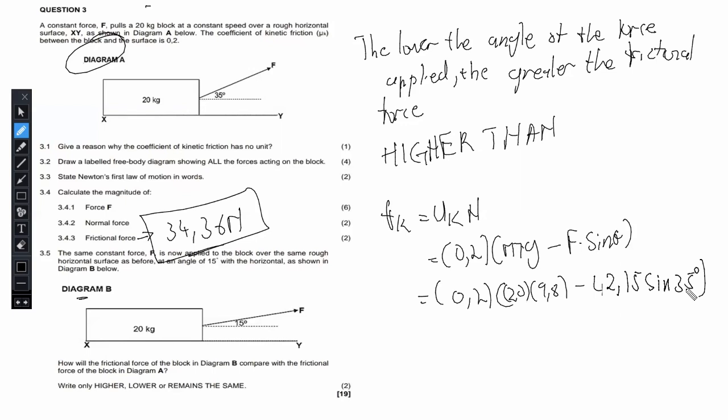Then let's check. Okay, so it's not sine 35 anymore. It's sine 15. Pardon me for that. So 42.15 sine 15. Let's go and change it there and see what we find.